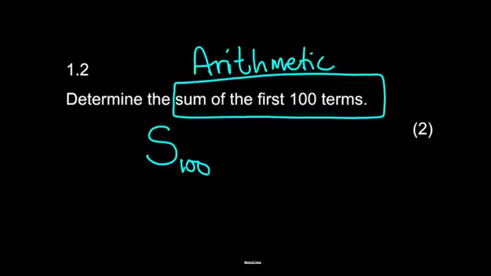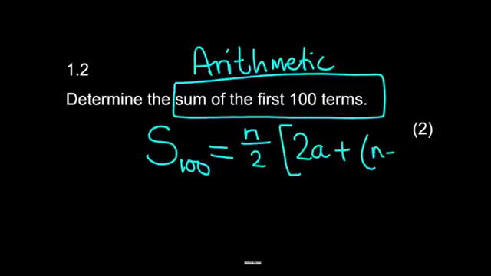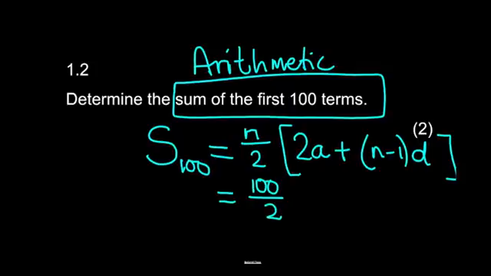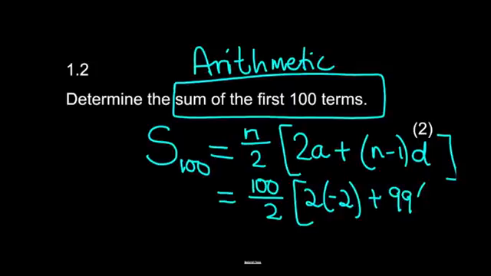If you've already established that it's arithmetic, then the sum of 100 terms would be n over 2 multiplied by 2a plus (n minus 1)d. So we get 100 over 2 into our first term, which is negative 2, and we have 99 differences. 100 minus 1 is 99.